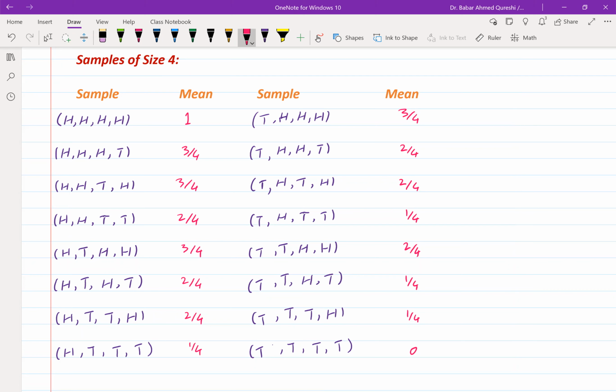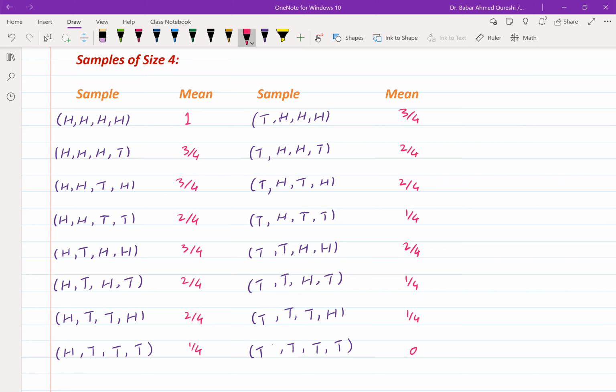And I have just computed the means. So what is the mean over here? A head is 1. So 1 plus 1 plus 1 plus 1 divided by the total sample size, which is 4. So I get 1. Here I have 3 heads. I add them up. Tail is a 0. It doesn't contribute. And divided by the total sample size, I get 3 by 4.